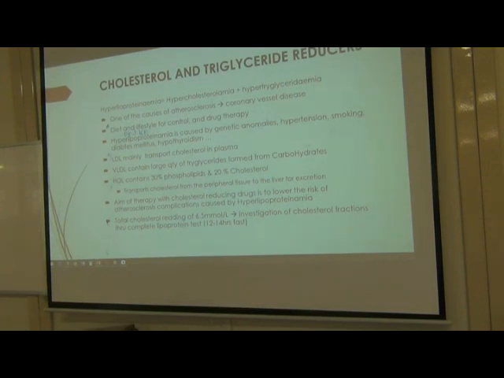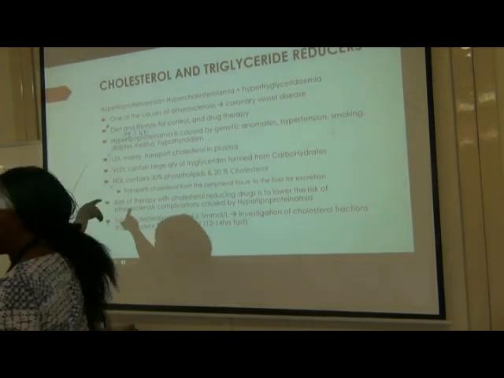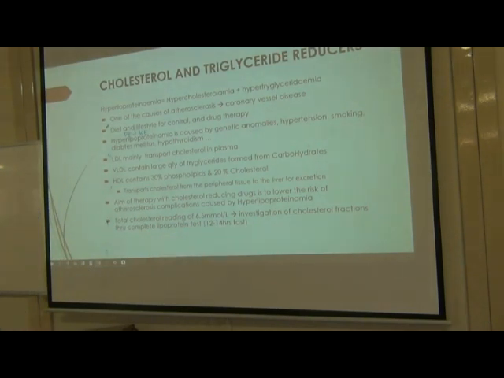Remember lipoproteins are cholesterol and triglycerides. So you want to do a lipoprotein profile to see what each of them counts for, your HDL or your LDL and triglycerides. So you know which one is high, because we desire to have a higher level of HDL and a lower level of LDL.